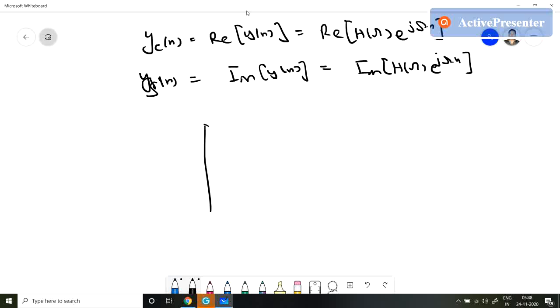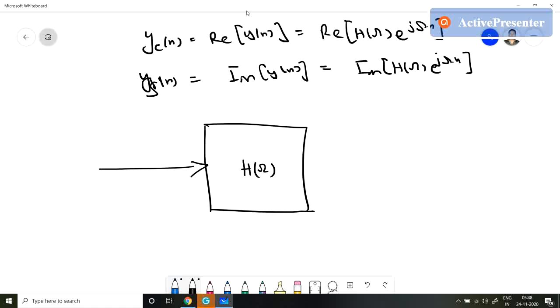So if we just draw the diagram, then it will be clear. We have H(Ω), that is the system. The input is e raised to the power jΩn.